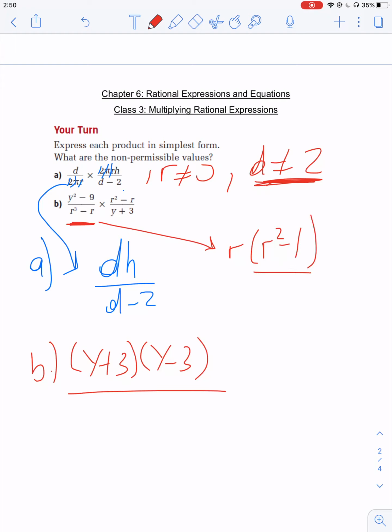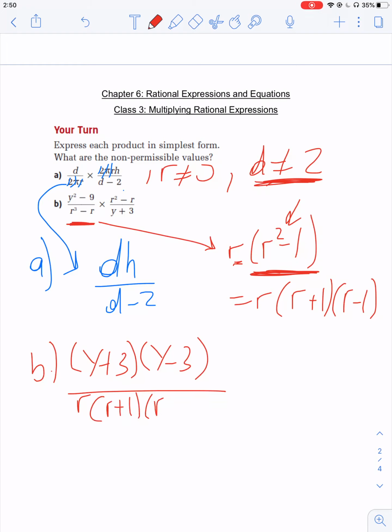Maybe not so obvious, but this is a difference of squares, so the r still remains, and the square root of r squared is r, the square root of 1 is 1, so this becomes r plus 1, r minus 1. So you have r plus 1, r minus 1 for your denominator, and I've shown you the work over here.